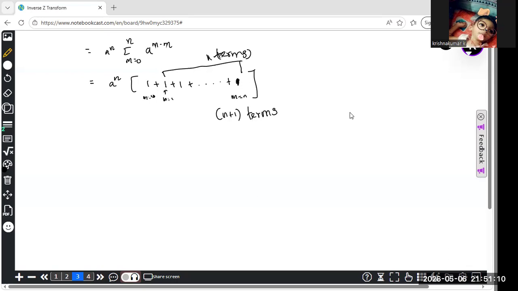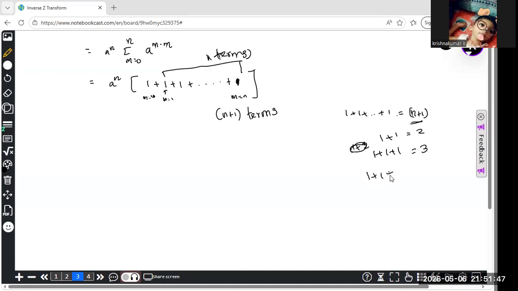Now if you have 1 plus 1 plus up to 1, n plus 1 terms, then this will be equal to n plus 1 only, isn't it? Because 1 plus 1, here we are adding two ones, so this will be equal to 2. If you have three ones, you get 3.